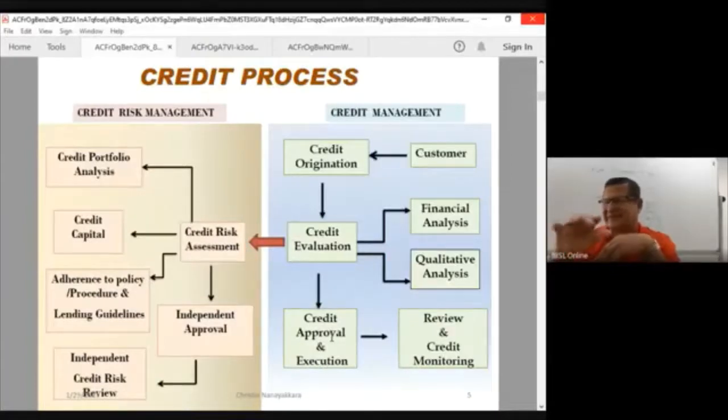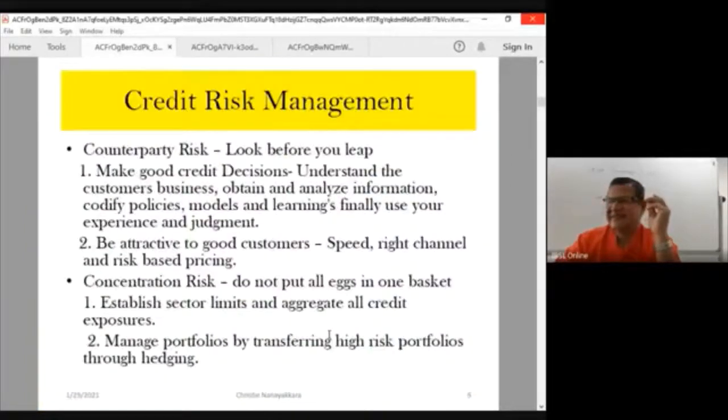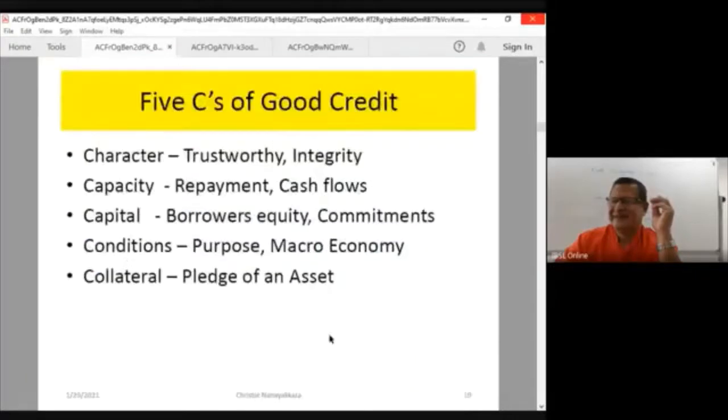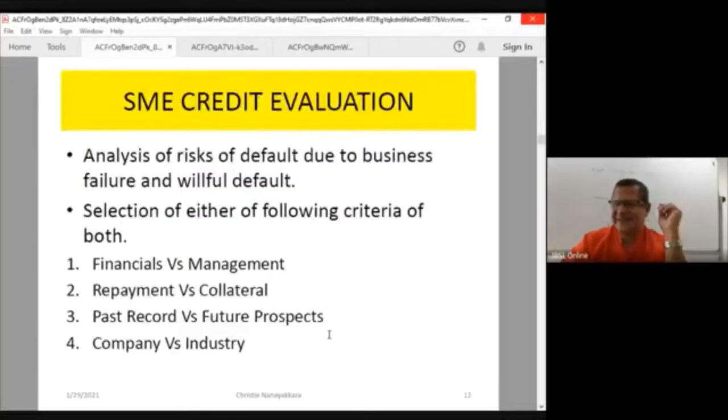So this slide is an important one. If you can list this in your answers, then if it comes to retail credit, I like the 5 C's of good credit to do it, but not for any other facilities.